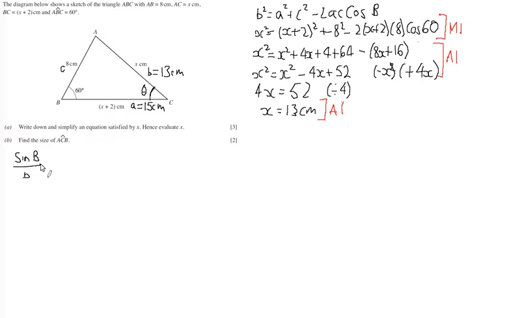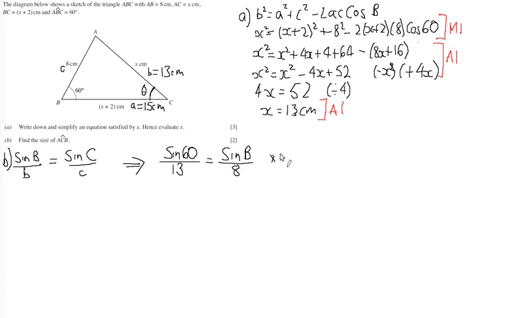Sine B over b equals sine C over c. So substituting the values that I know, I get sine of 60 degrees over 13 is equal to sine of C over 8.